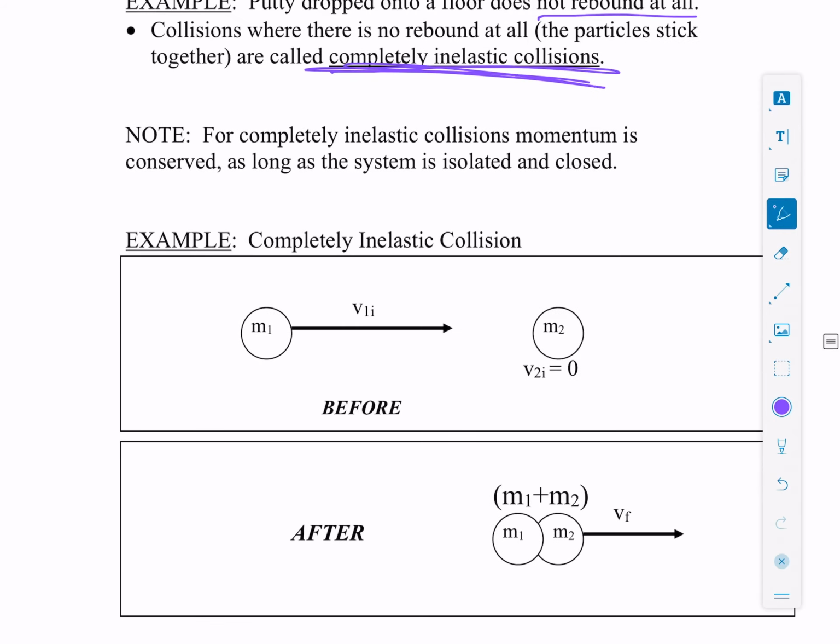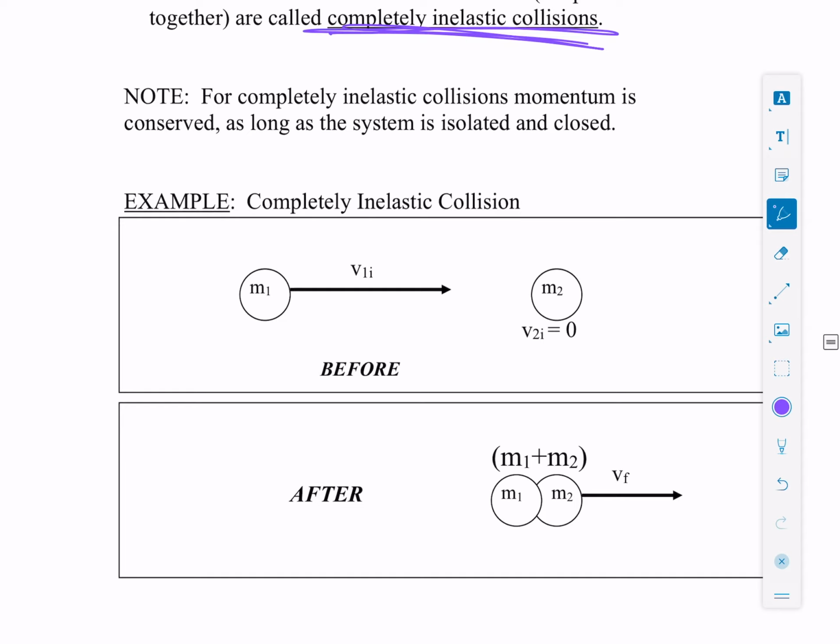You've already done completely inelastic problems. When you have M1 colliding with M2 and then they stick together after, remember how we said that it's M1 plus M2 as your final situation? We've done those problems before. Those are called completely inelastic problems.